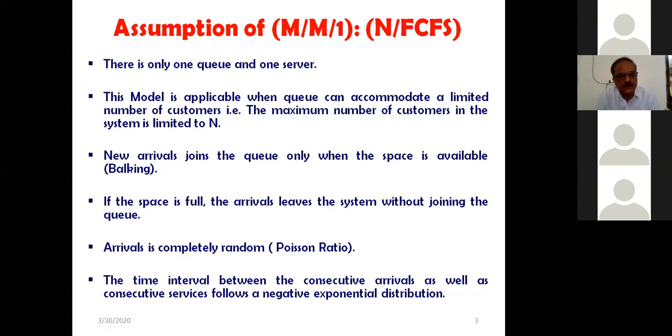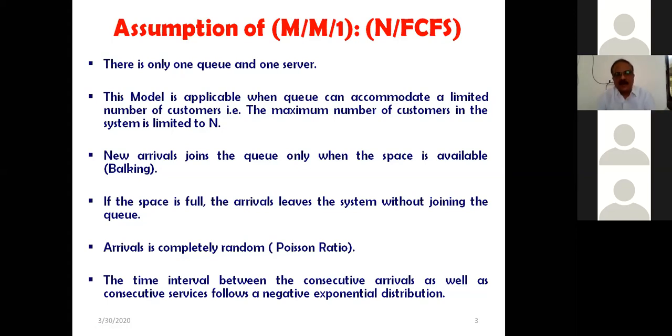So the model is specifically for a limited number of customers. That is, the maximum number of customers in the system is limited to N. So what is the meaning of that? If we decide the value of N equals 50, the doctor will not allow the 51st patient to enter into the clinic. So he has restricted his number of patients to 50. So it's a limited model.